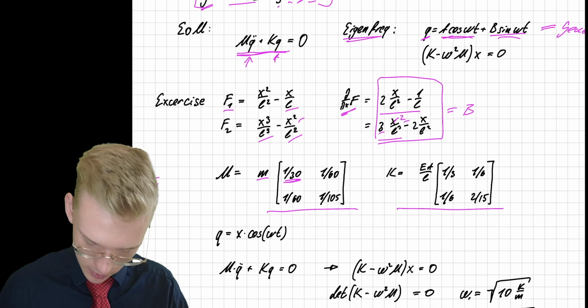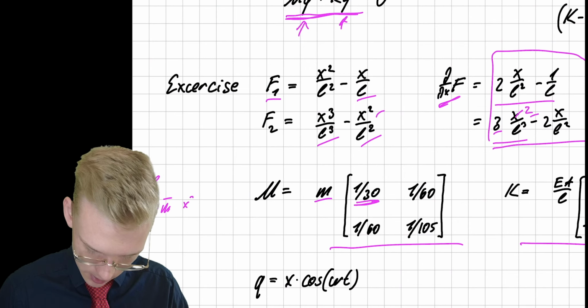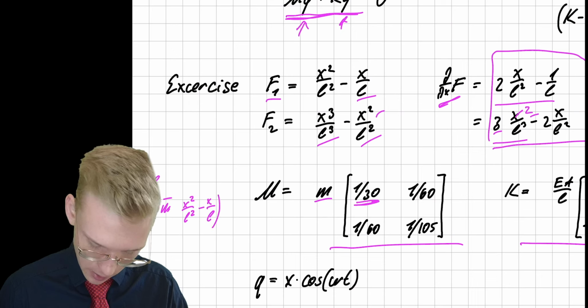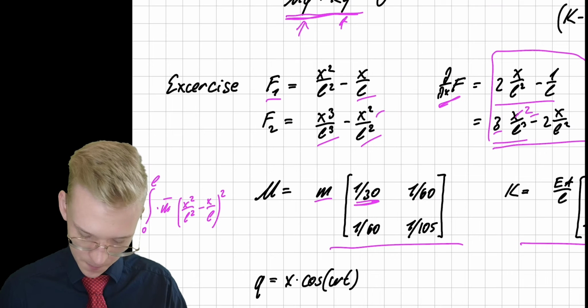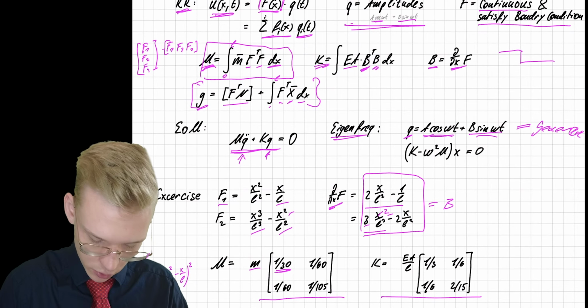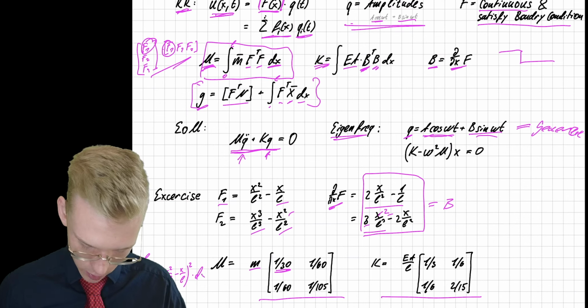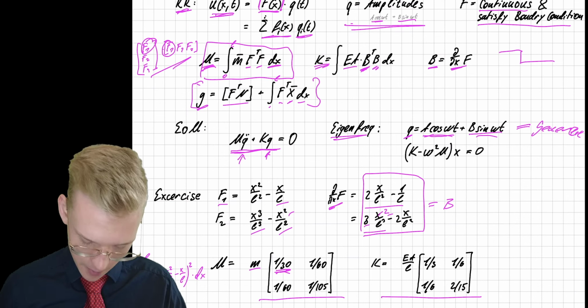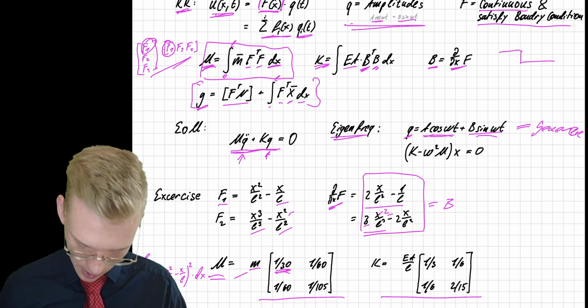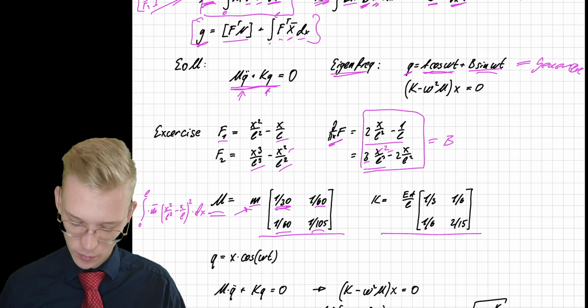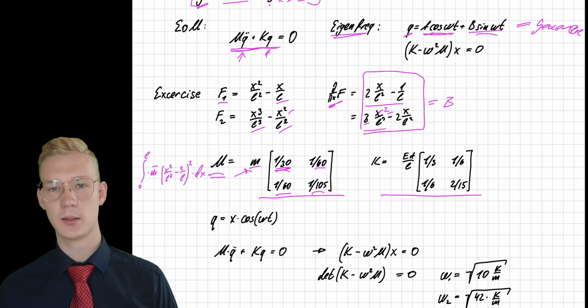That was x squared divided by L squared minus x divided by L. We square that because we have this transposed. So we multiply f1 with f1 and do it over dx, and we will get m times 1 over 30.